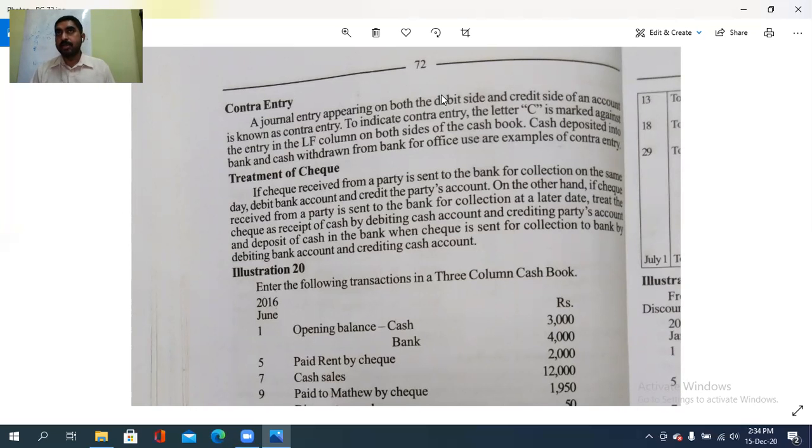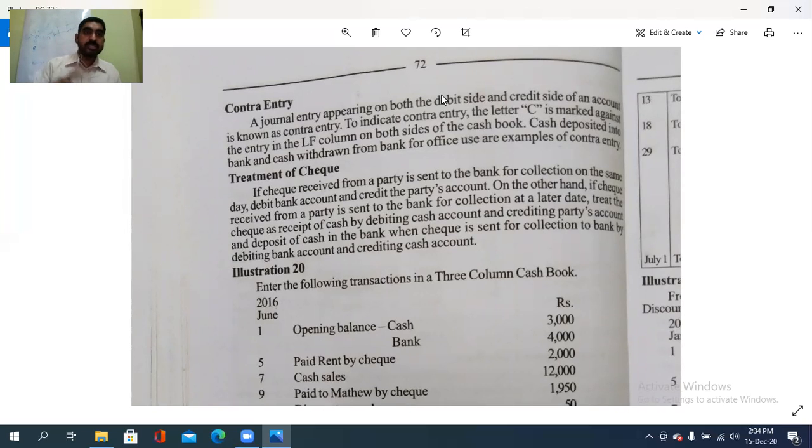So for example, bank account debit to cash. So bank account debit side, rather, to cash in the bank column, by bank in the cash column, because we treat this as an account. We have not prepared the cash account and bank account separately; they are within this itself, that is the assumption. So cash deposited in the bank and cash withdrawn from the bank for office use are examples of the contra entry.